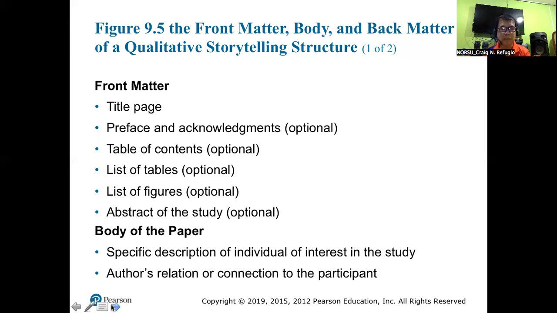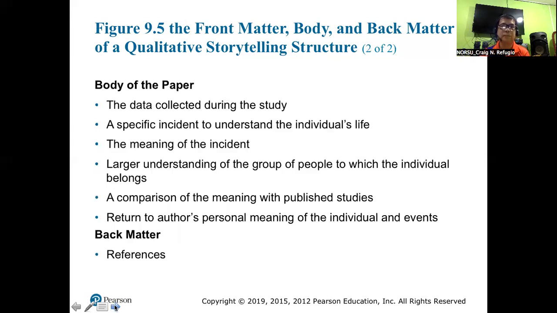Then the body of the paper: specific description of the individual of interest in the study, author's relation or connection to the participant. So these are some of the contents of figure 9.5, the front matter, body, and back matter of a qualitative storytelling structure.